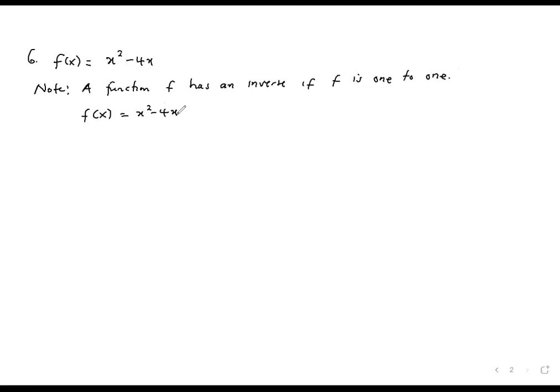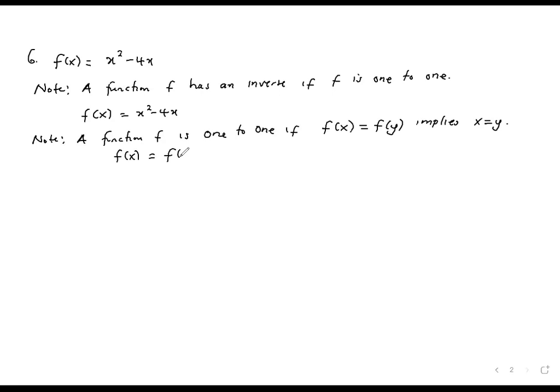So because we can't easily solve for x, let's try to see if it's a 1-to-1 function. A function f is 1 to 1 if f of x is equal to f of y implies x is equal to y. Meaning, if we say f of x is equal to f of y, what we mean is x squared minus 4x equals y squared minus 4y. These two are equal. So let's try to solve for x if we are able.